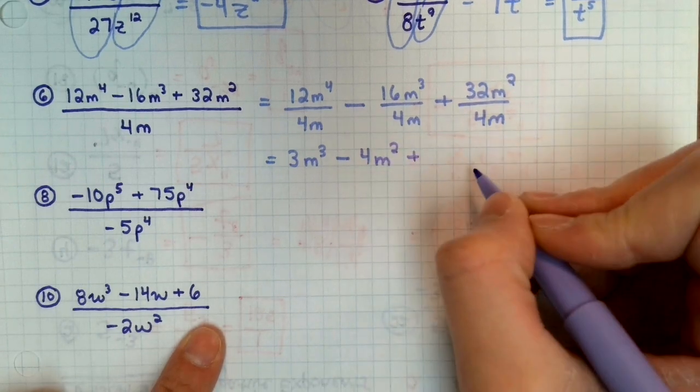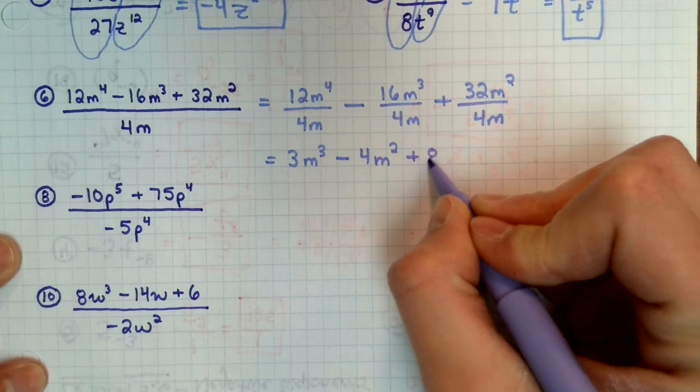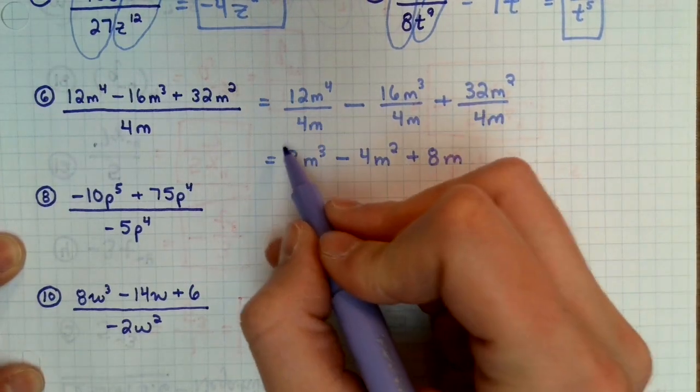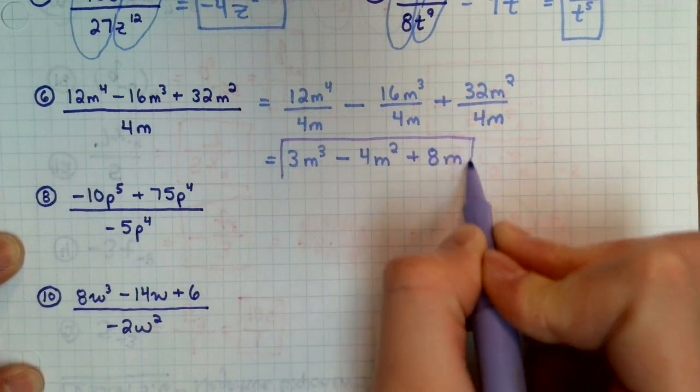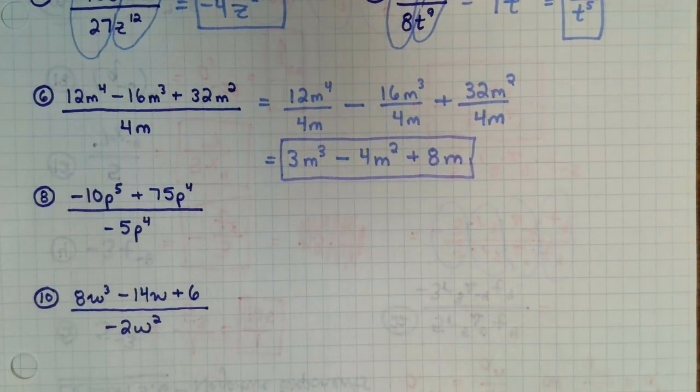Again, subtracting those exponents. And then this last part here, 32 divided by 4 is 8. M squared over m to the 1st will be m. And that's as far as we can go with that question because all of these are unlike terms, and that's the division for that question.